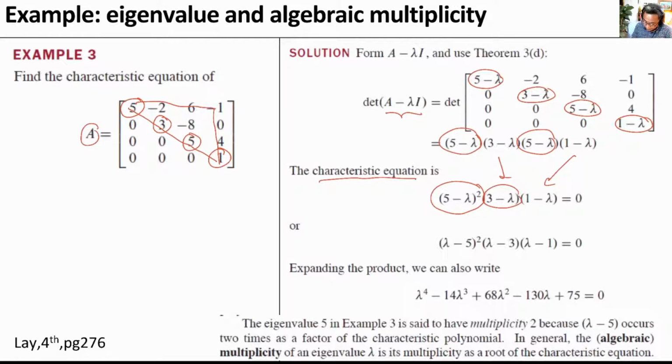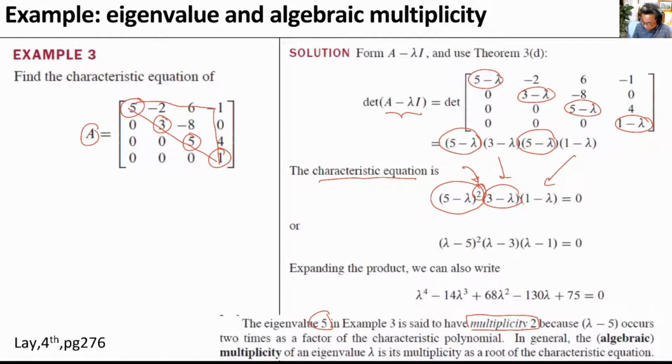Now, that power of 2 shows us that the eigenvalue 5 has occurred twice in this characteristic equation, and we call this phenomenon multiplicity. The eigenvalue 5 has multiplicity 2, or in other words, is repeated twice.